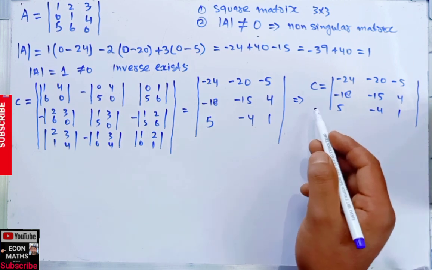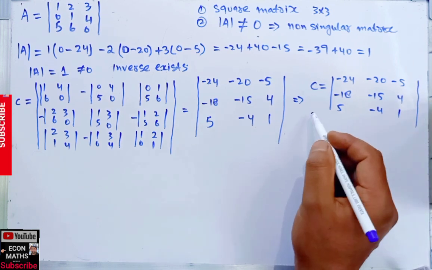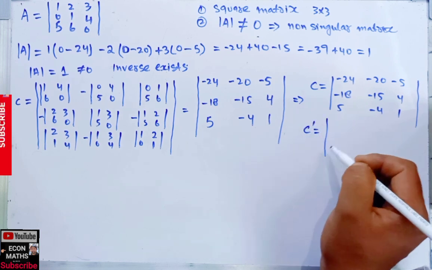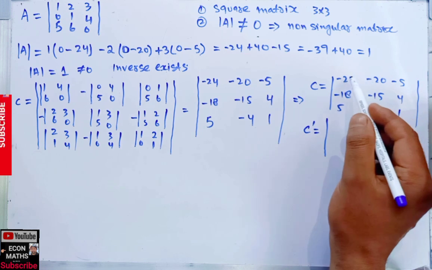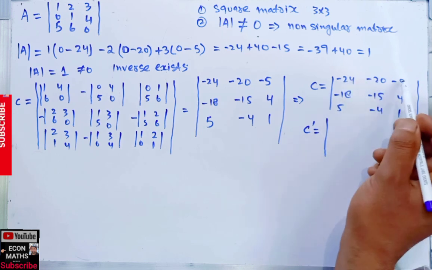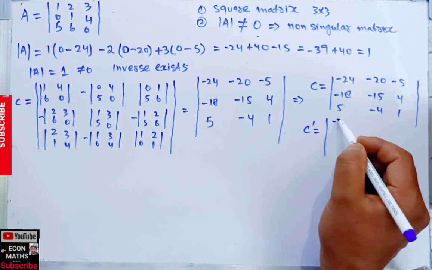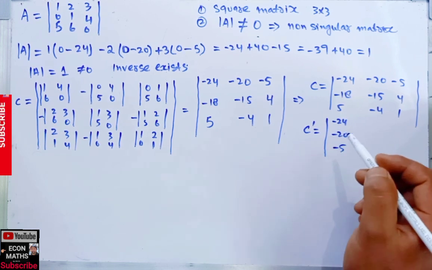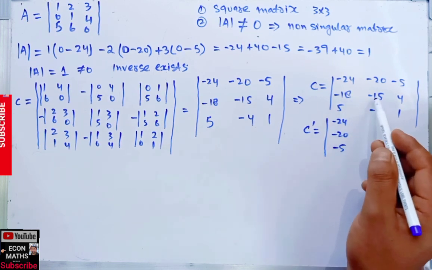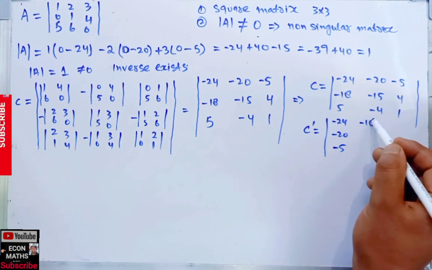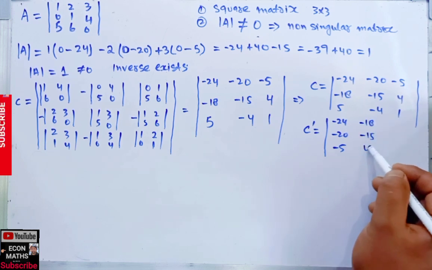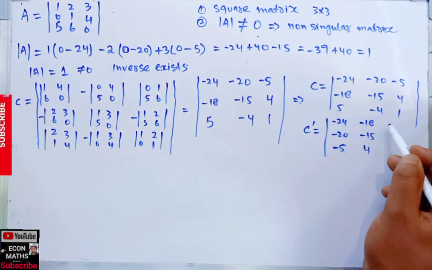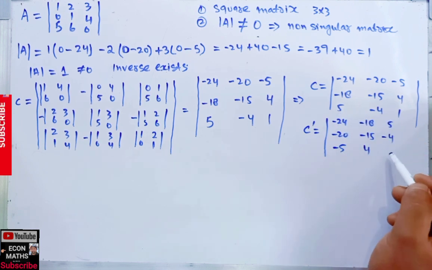Now for the adjoint, we take the transpose of this, C dash, meaning interchanging rows with columns. That is, if it is a row, it will become a column. So I will write minus 24, minus 20, and minus 5. And here minus 18, minus 15, and 4. Similarly, 5, minus 4, and 1.